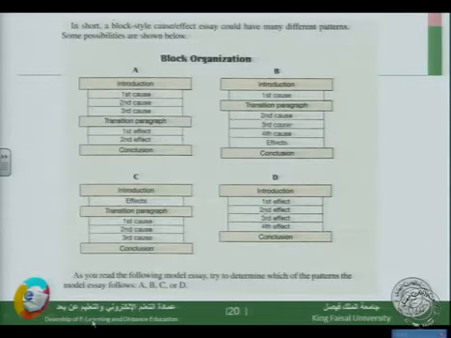We said the cause and effect essay has two different organizations. We have something called the block organization. In the block organization you have an introduction, then body paragraphs. In each body paragraph you mention one cause, second cause, third cause. Now these are the causes.